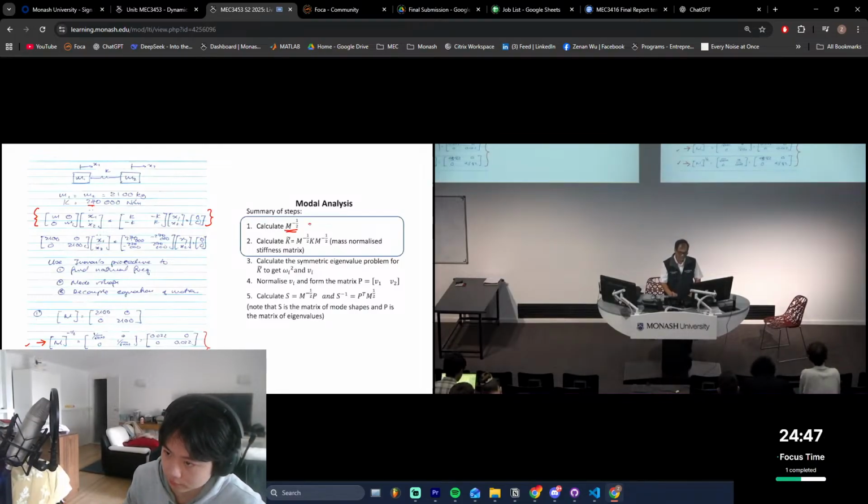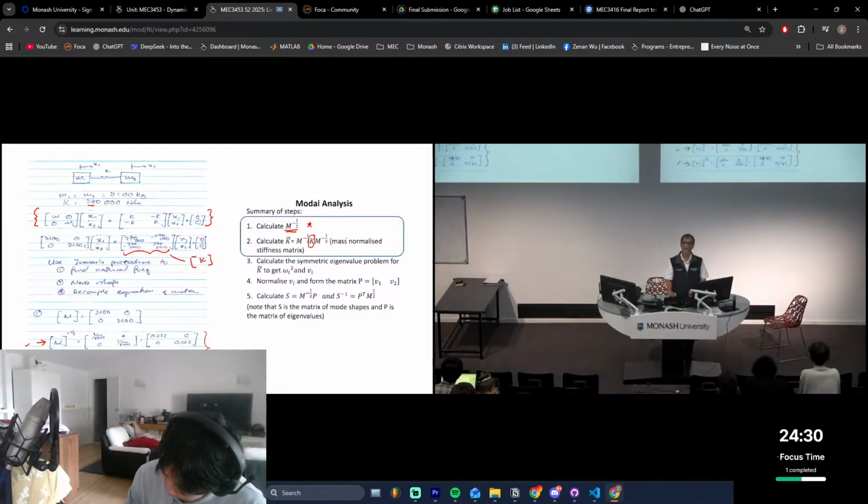Now that I've done this, the next step tells me that I need to determine my mass normalized stiffness matrix. I need to pre and post multiply my stiffness matrix, as it is in the equation of motion that you have derived, by the inverse square root of the mass matrix.